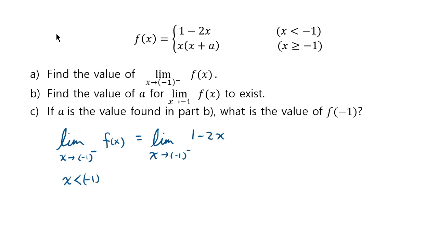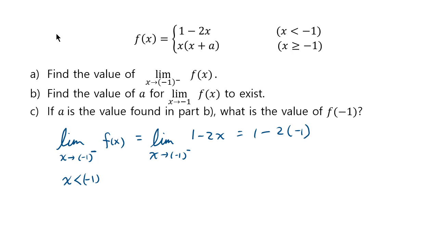Now, once you have f of x replaced by 1 minus 2x, it's really easy to evaluate this limit because all you have to do is plug in this -1 here. When you plug in, you could put -1 minus, but it really doesn't do much here because all you need to know is what value the function gets closer and closer to.